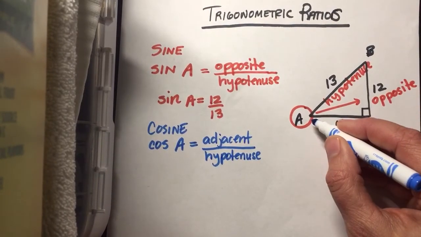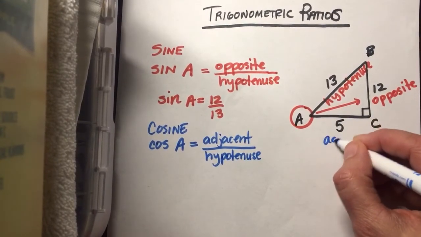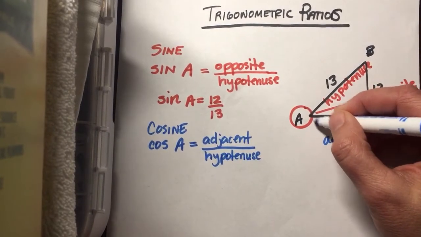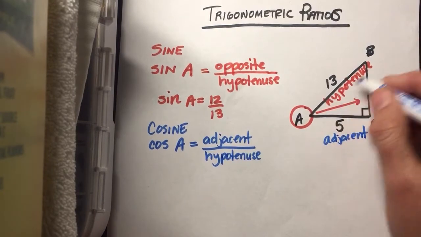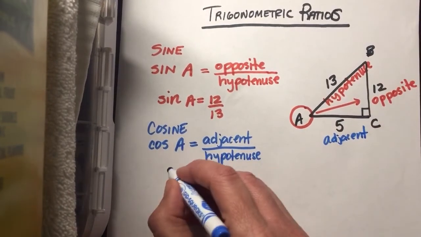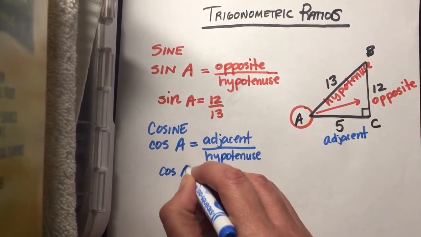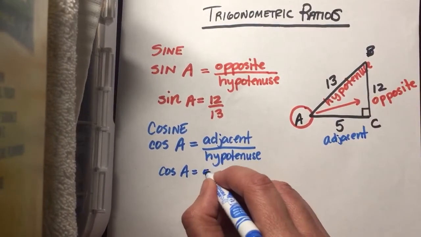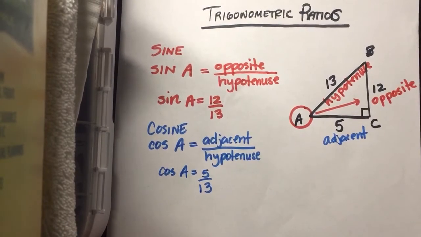So for angle A, this is the adjacent side because it's right next to the angle. This is the hypotenuse. So the cosine of A is 5 over 13. All that these trig functions are is ratios. They're all ratios, okay?